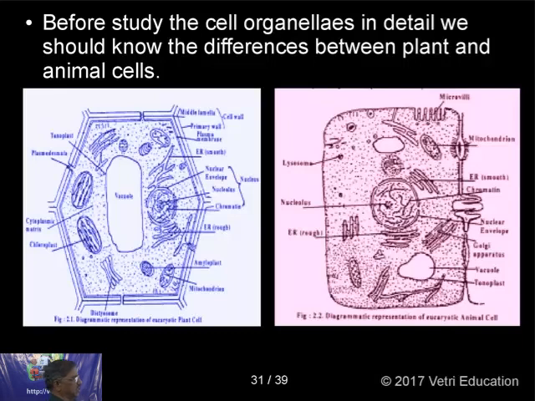The main thing here is that you can find centriole and centrosomes present here, whereas they are absent in plant cells. Centriole and centrosome are present in animal cells, and absent in plant cells. In the animal cell, the centriole is present above the nucleus.